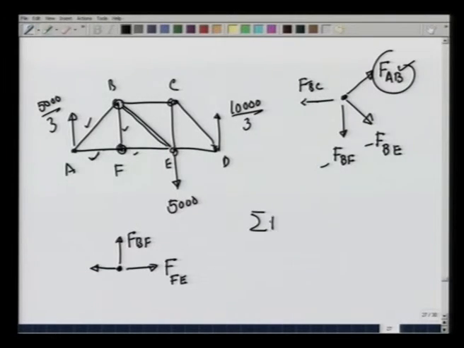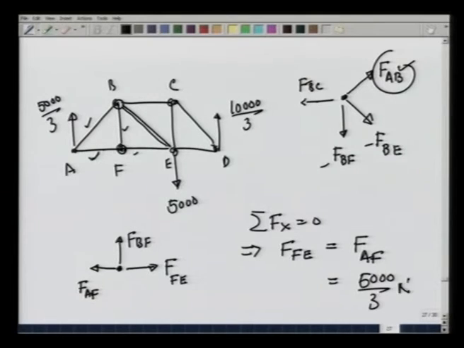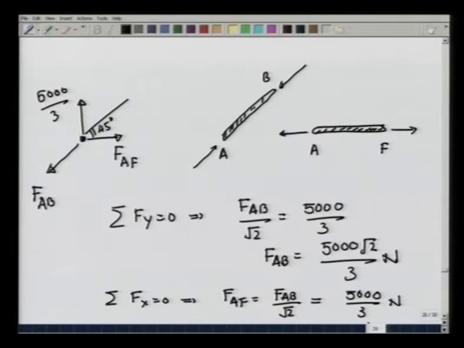From summation Fx equal to 0, we get that FFE is equal to FAF, which is equal to 5000 over 3 newtons. Let me just check whether this force was really tensile or not. This was tensile, so it pulls the pin in.